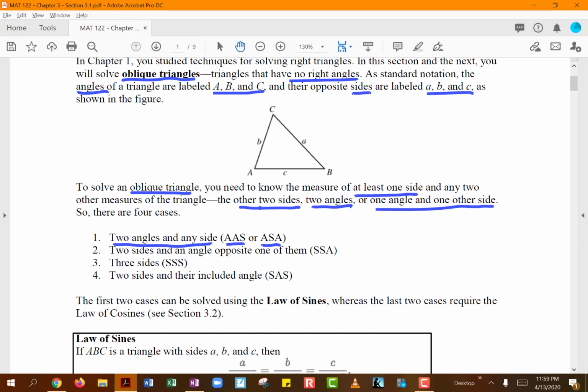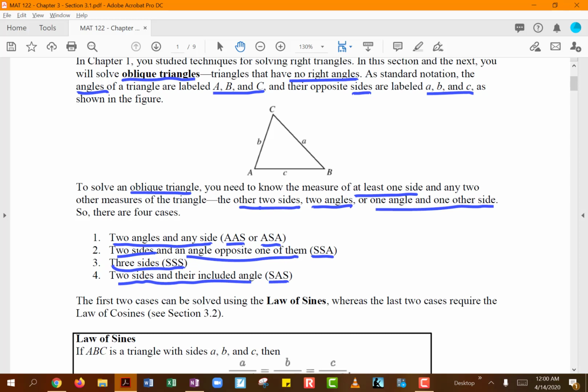The next case could be you're given two sides and an angle opposite to one of them, so that would be side side angle. You can be given all three sides, so that's SSS. Or we could be given two sides and their included angle, so that would be side angle side.